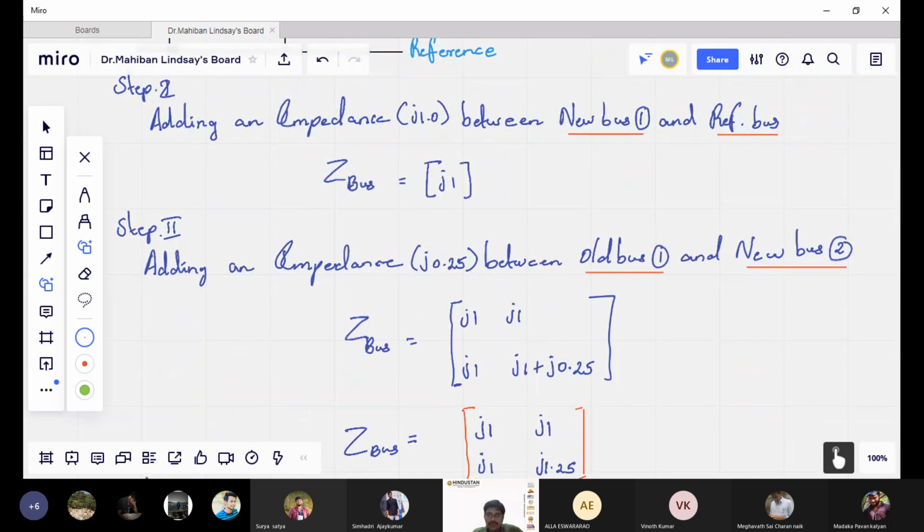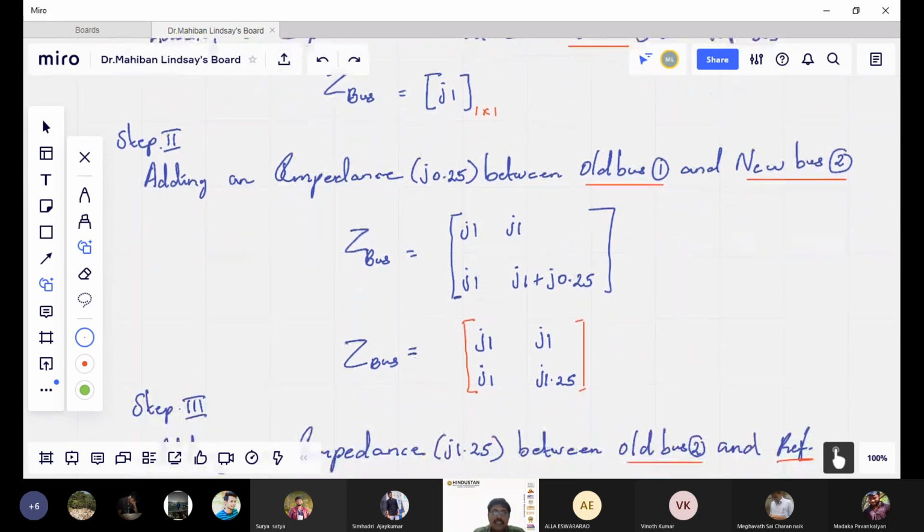Therefore, the size, instead of 0, becomes 1 cross 1, right? So here you can see that the size increased. That is 1 cross 1. And in step 2 also, we have added a new bus. Therefore, here also the size increases.